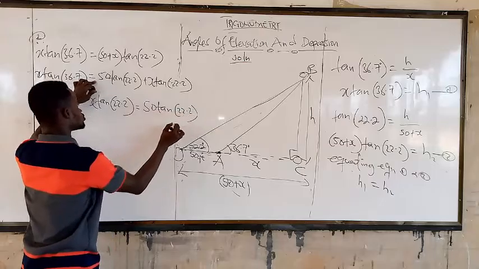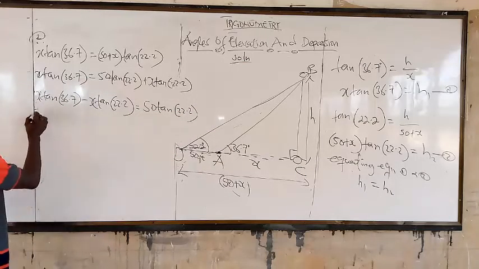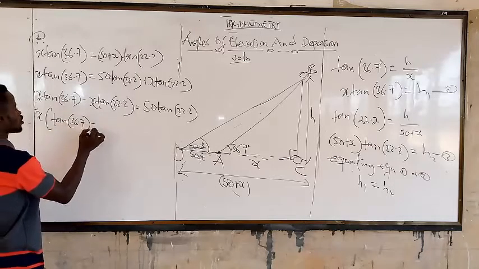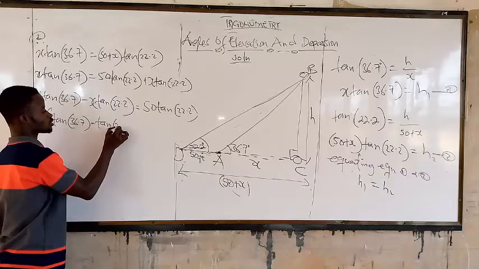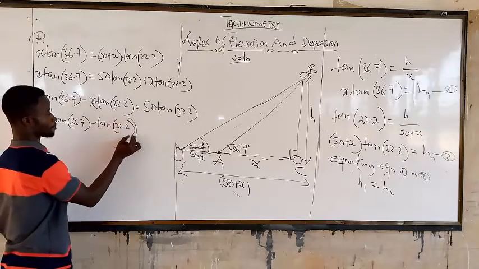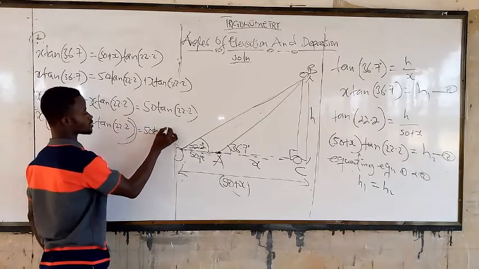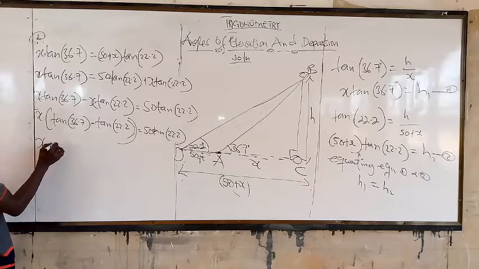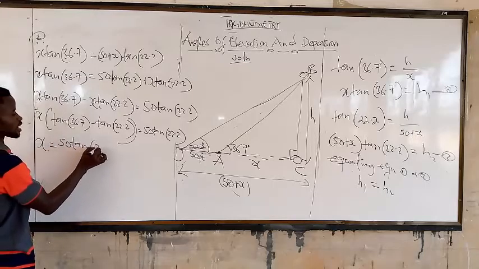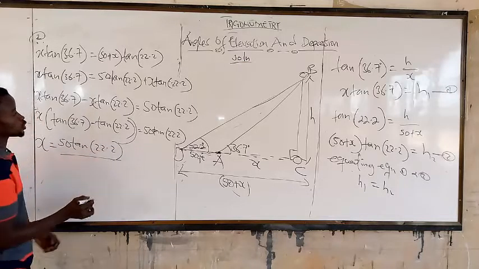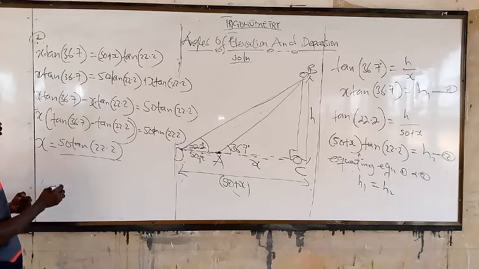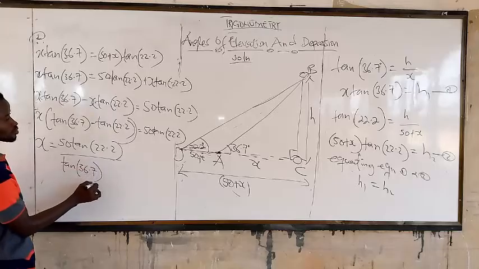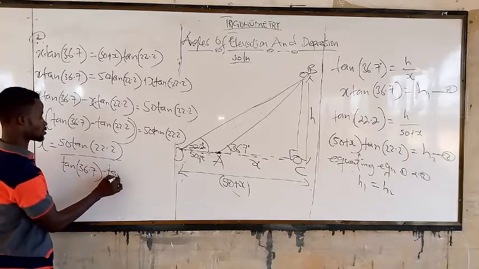tan 22.2. So here we can factor S out and we get tan 36.7 minus tan 22.2 is equal to 50 tan 22.2. So S is equal to 50 tan 22.2, all this over the whole of this, which is tan 36.7 minus tan 22.2.